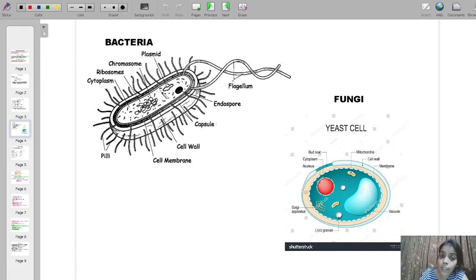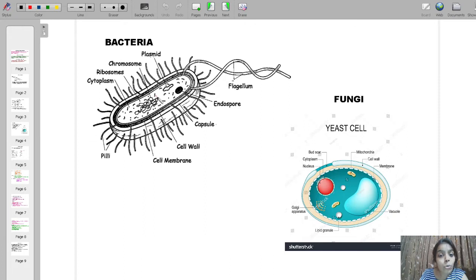Why is their nucleus said to be primitive? Because if you see carefully, this is the chromatin material, already labeled over here as chromosome. There is no membrane surrounding this chromatin material. So that is why it is called a prokaryotic organism.